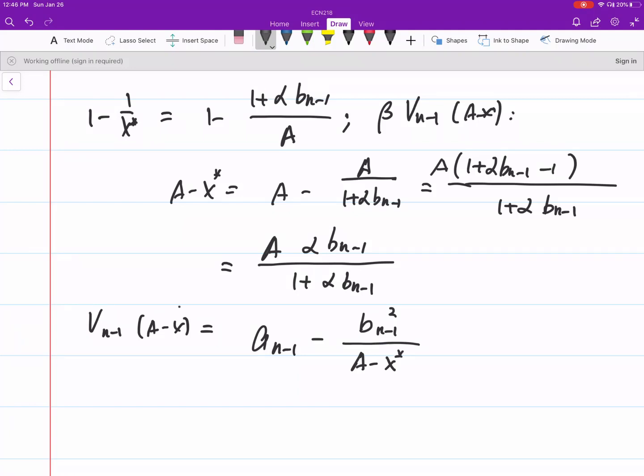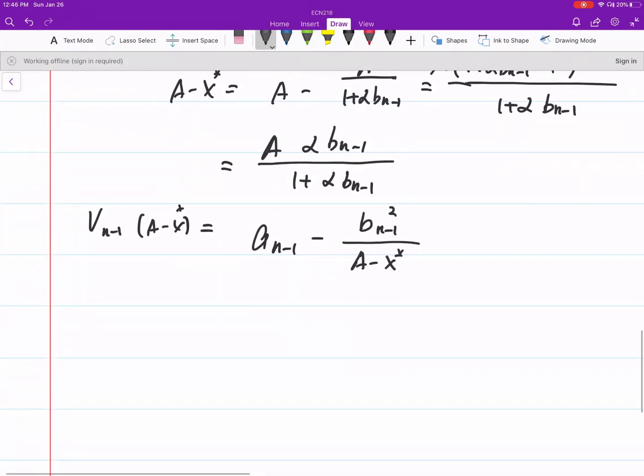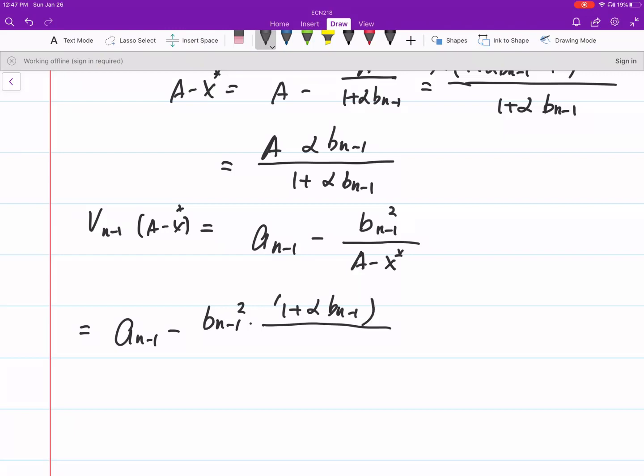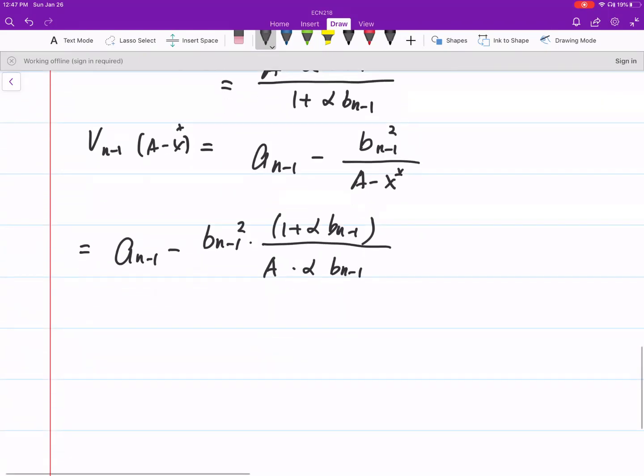That's what we have. So we plug in this formula, and this is going to be a_{n-1} minus, take the reciprocal of this, then we have b_{n-1} squared, and this one over here we have 1 plus alpha b_{n-1}, and now this a times alpha b_{n-1} is in the denominator. Simplify a little bit.